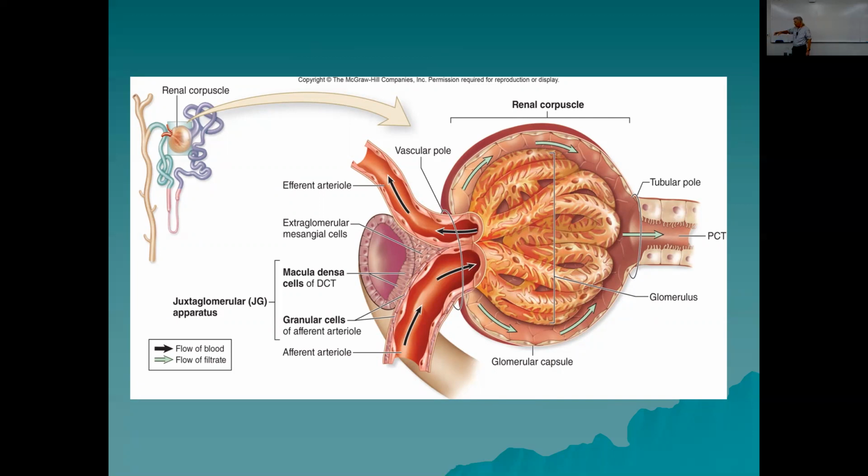And there shows a flow of blood through the afferent arteriole, through the glomerulus, and out by the efferent arteriole. And the green is a flow of filtrate through the renal membrane from the interior of the glomerular capillaries into the capsular space, which will feed into the lumina of the PCT, or proximal convoluted tubule.